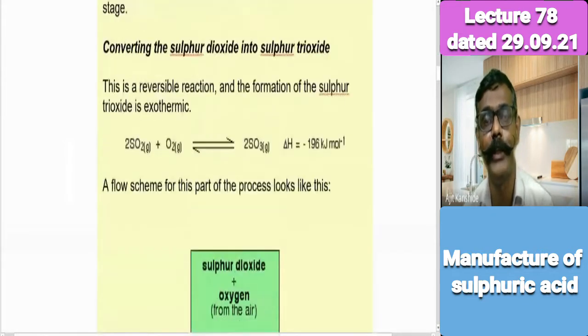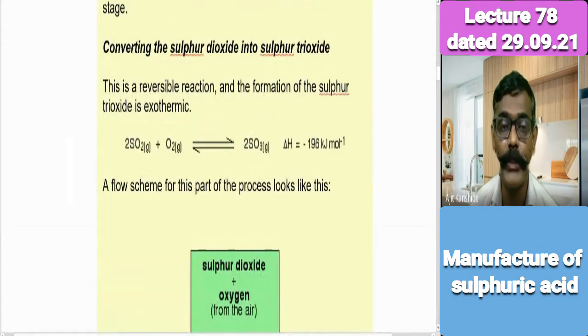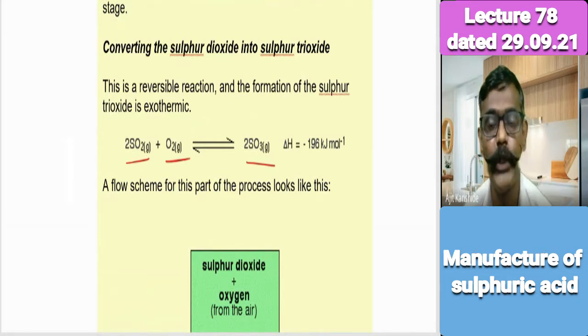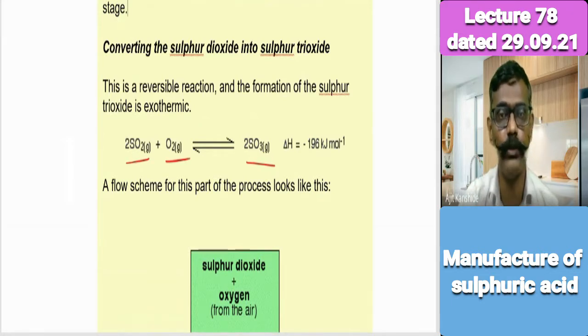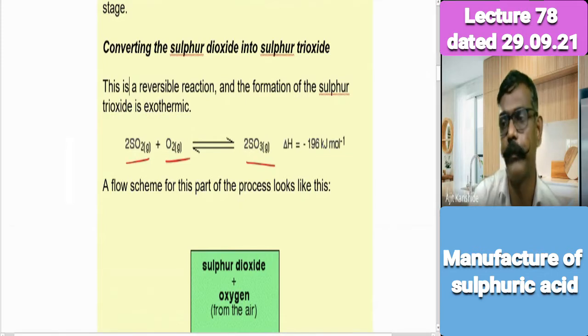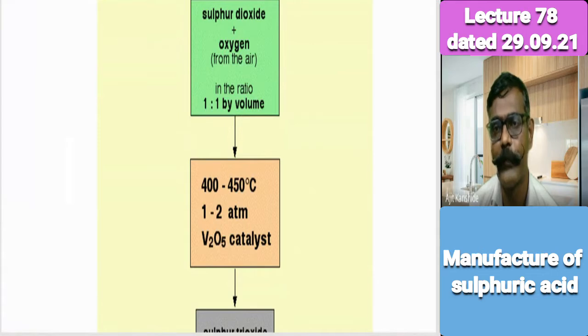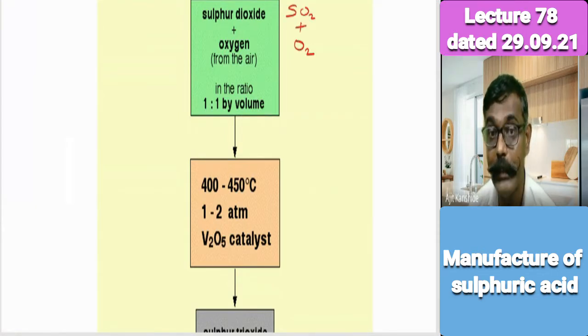Now the next point is the conversion of sulfur dioxide to sulfur trioxide via the reaction with oxygen. In the flow chart or the scheme, if you see the first point, sulfur dioxide, we are reacting with oxygen or the air in the ratio 1:1.